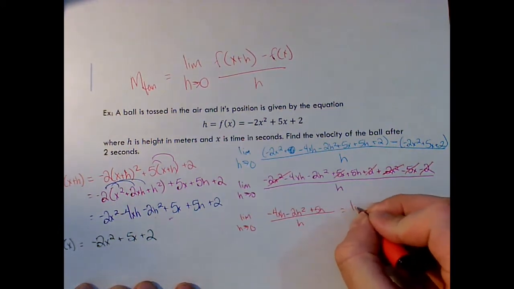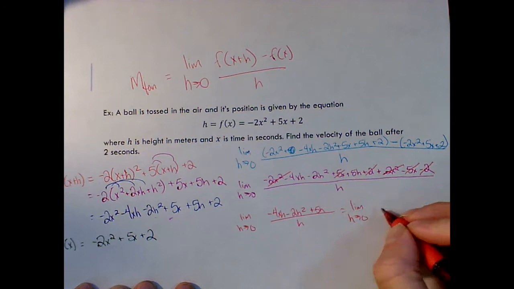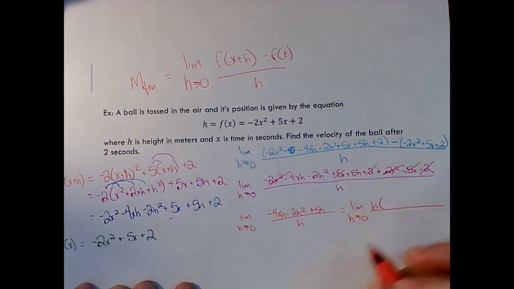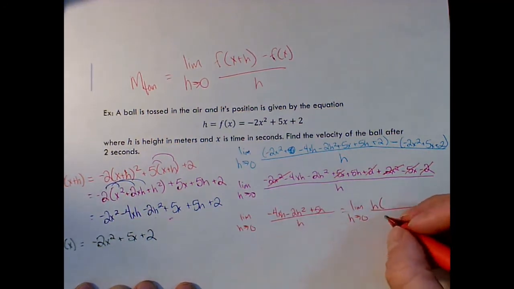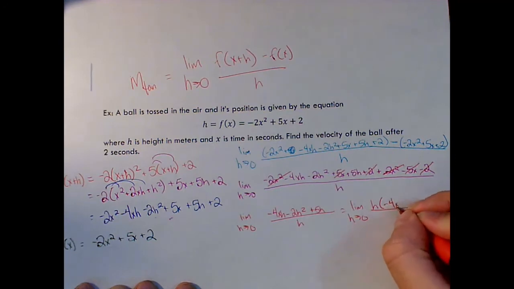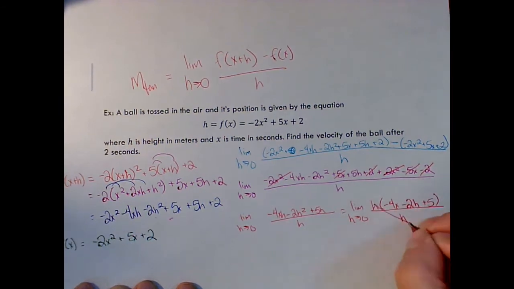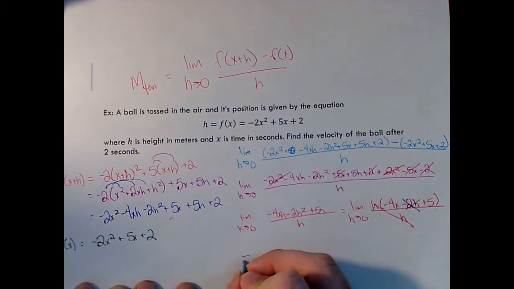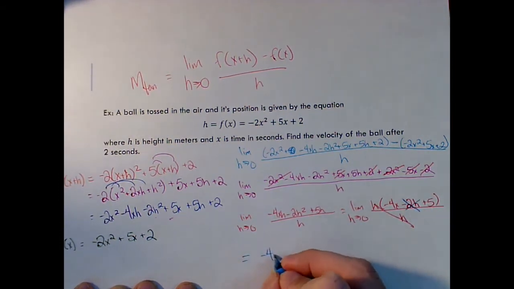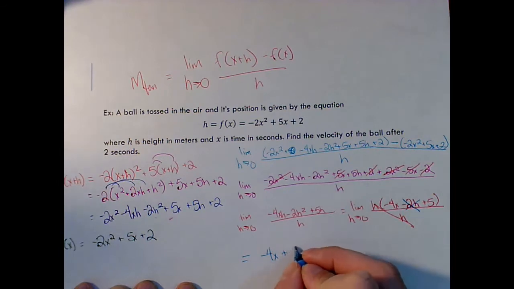That's going to end up being the limit as h approaches 0 of h times negative 4x, bringing h out of negative 4xh. Bringing h out of negative 2h squared, you get negative 2h. Bringing h out of 5h, you get 5, over h, cross you out. All the h's become zeros, and in this case, you're the only one that goes away. So this is going to end up giving us negative 4x plus 5.